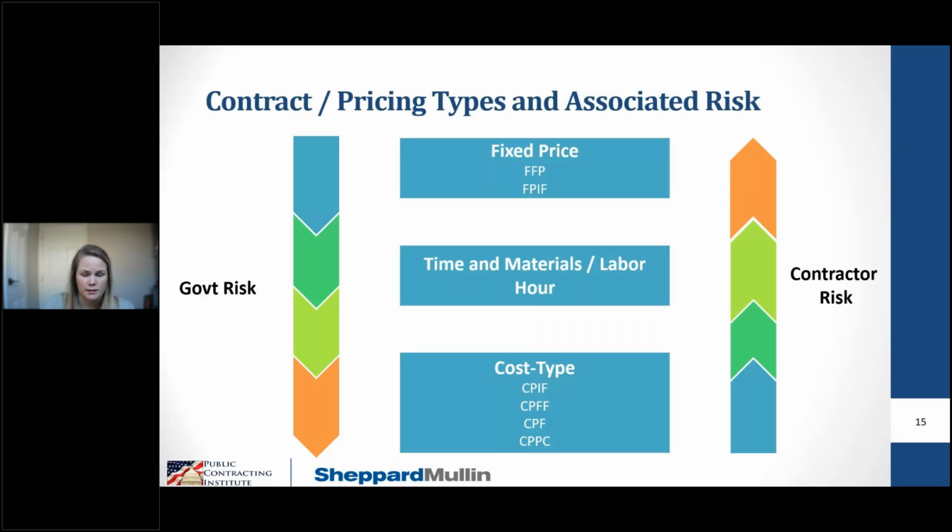When we're talking about labor hours, it's a similar approach. They work at a fixed hourly rate, but materials are not included. We put these in the middle as they tend to balance the risk between contractor and government, but they tend to be some of the least preferred method in the FAR and require the government to obtain special kinds of approvals in order to use T&M contracts.